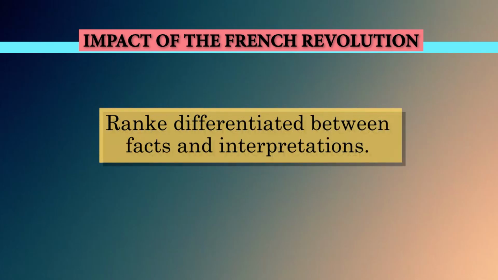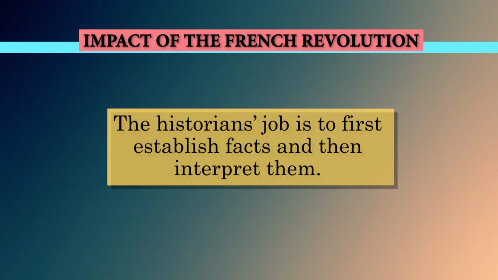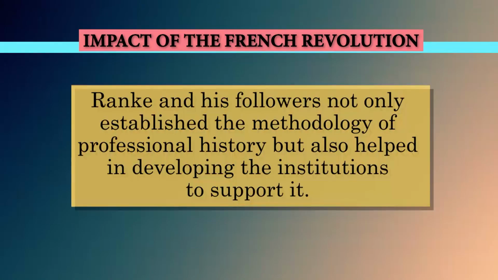Now, Ranke differentiated between facts and interpretations. We find that he pointed out that the first job of the historian is to establish facts and then interpret them. And Ranke and his followers not only established the methodology of professional history, but also helped in developing the institutions to support it.